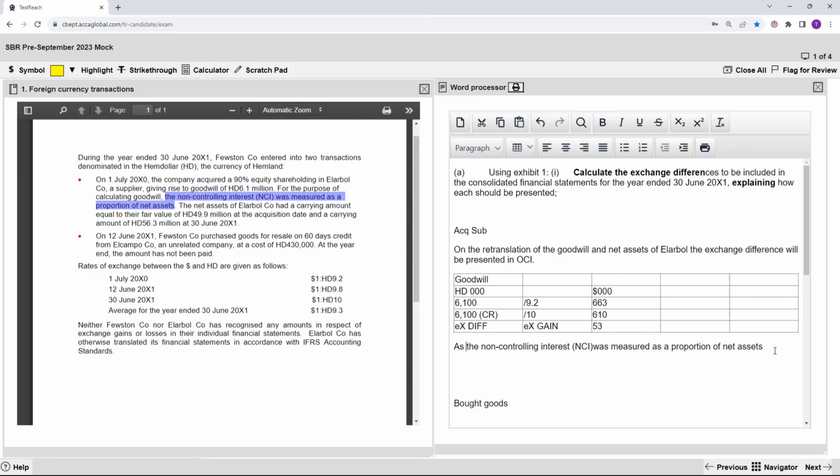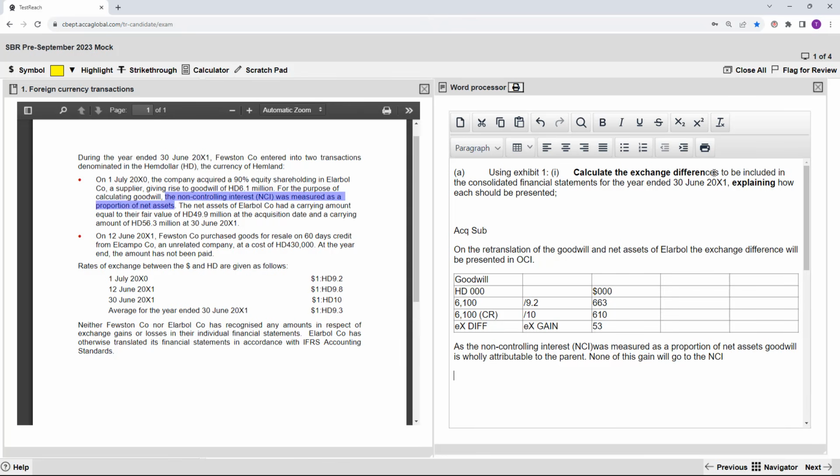As the non-controlling interest was measured as a proportion of net assets, goodwill is wholly attributable to the parent. None of this gain will go to the NCI, because NCI has been calculated as a proportion of net assets.